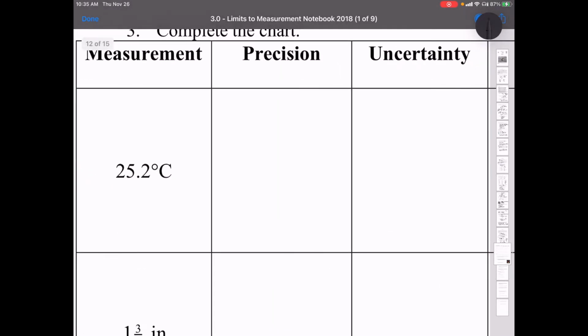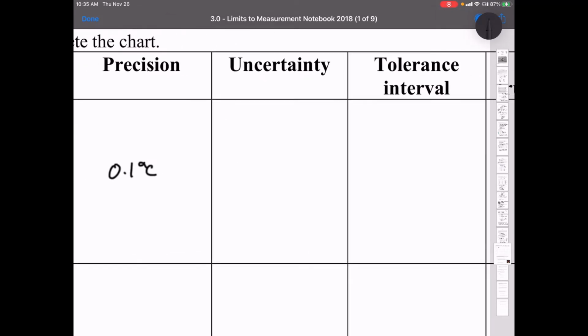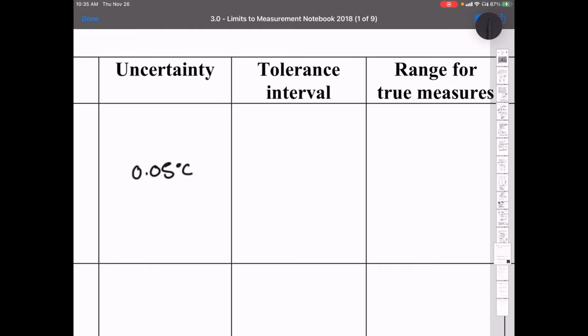So our measurement on the first one, our precision, we can see is 0.1 degrees Celsius. Our uncertainty then would be 0.05 degrees Celsius. Our tolerance interval is just your measurement plus or minus your uncertainty. That's all your tolerance interval is.